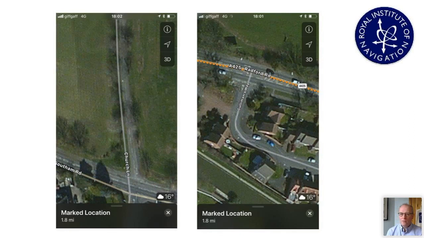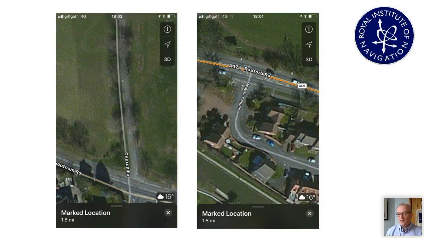When you get down to lane levels of accuracy in an absolute positioning sense, then the mapping accuracy can become a limiting factor. And you can see that in this very simple couple of examples here. On the left-hand side, the position of Church Lane going up and down vertically is clearly not in the middle of the road, and neither is the more main road at the bottom here.